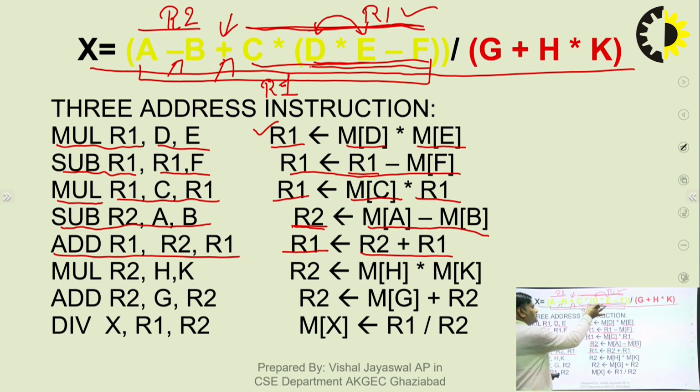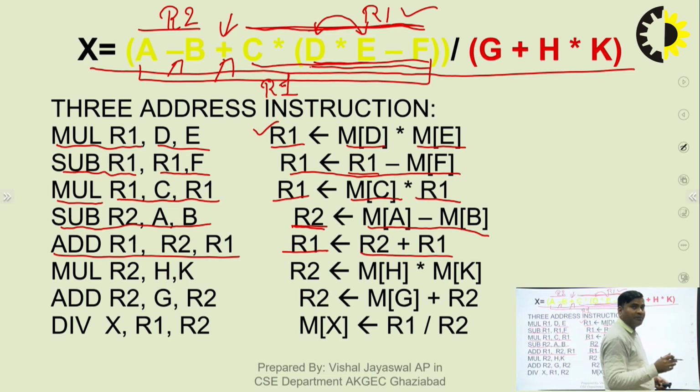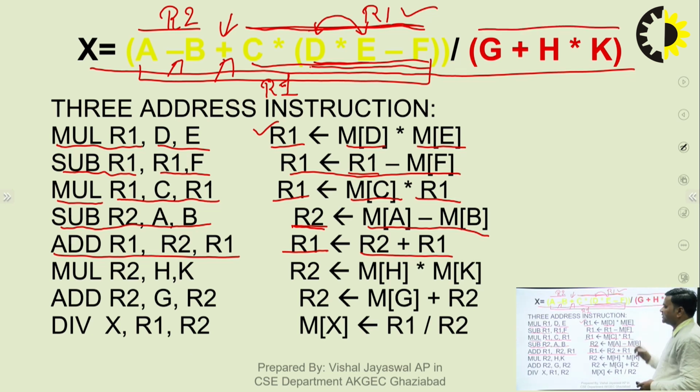Here, before the division we have two portions, the numerator and the denominator, and the whole numerator is solved and stored in R1. After that we are going to solve the denominator portion. For this we first solve H into K according to the BODMAS rule.